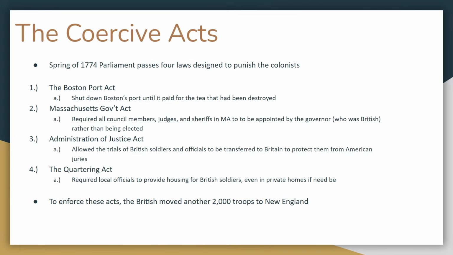And you can only imagine how that made the colonists feel. Probably not too great. Now, in addition to that, to enforce these acts, another 2 garrisons of troops, so another 2,000 troops, are moved throughout New England from Britain. So people are not feeling great about this.